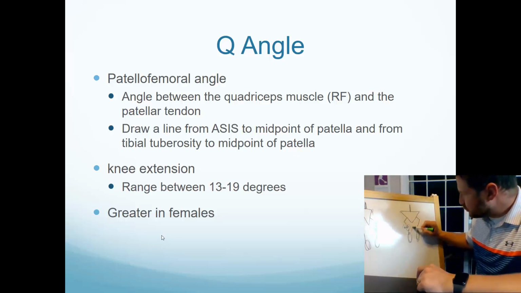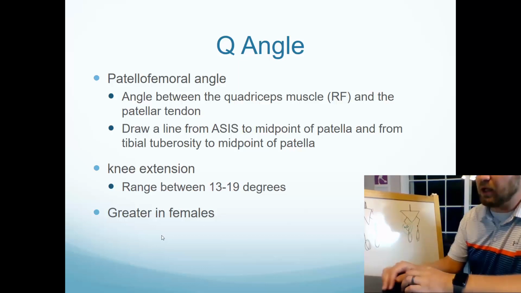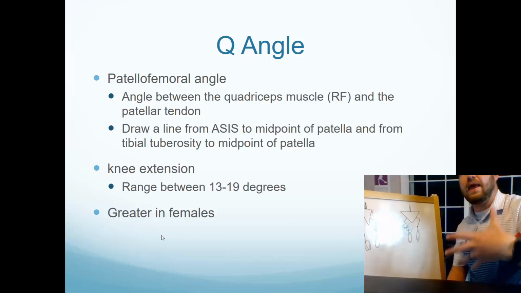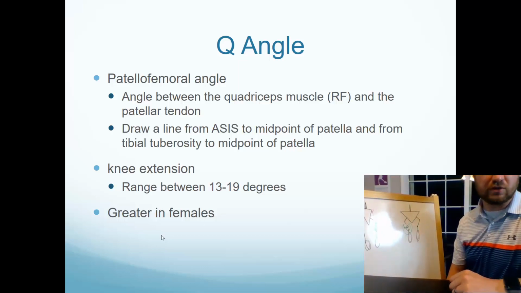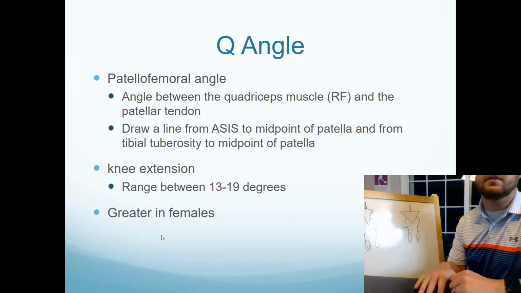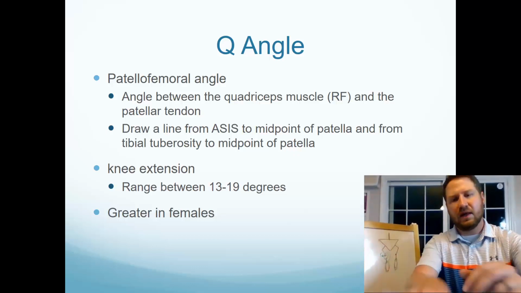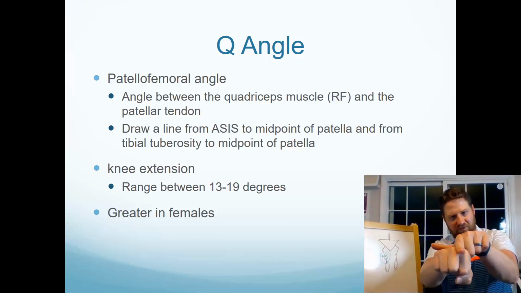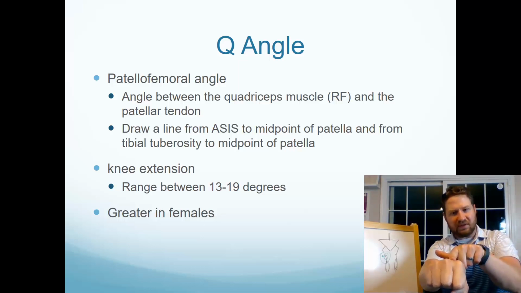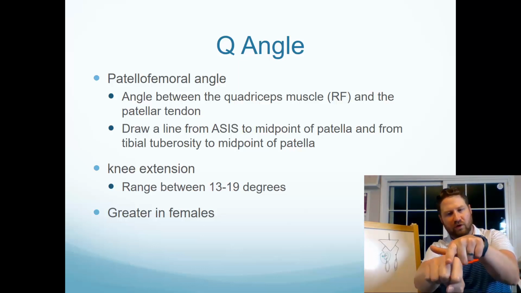That lateral tracking of that kneecap is going to result in quicker degeneration. A more acute pain issue. Okay? Because instead of gliding in the center of the condyles, now you have the patella tracking over the lateral condyle.